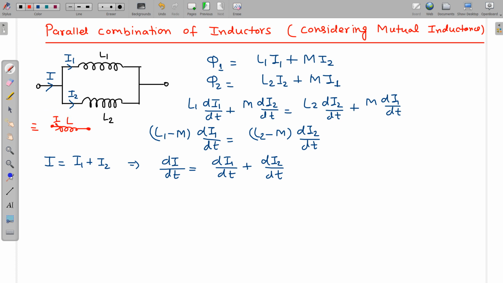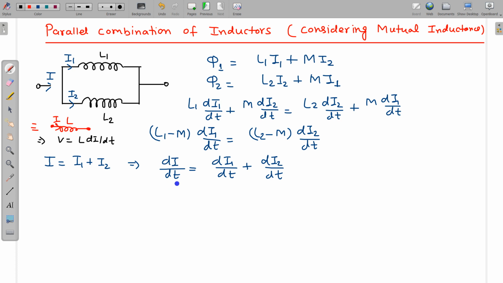Since current I is passing through this combination, the same current I should pass through this one also. So if I write the equation for this, V across these terminals is equal to L di by dt.